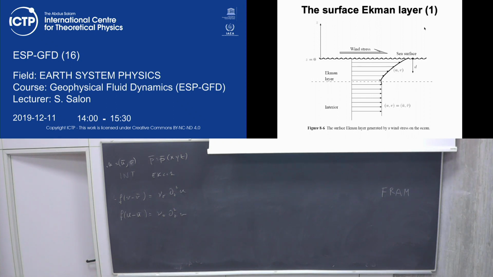Actually, this can also be applied to the atmosphere if you consider this not as the sea surface, but as any kind of discontinuity, for example the one at the end of the troposphere, when you have a strong discontinuity in the thermal field. So what is the difference between the bottom Ekman layer, according to you?